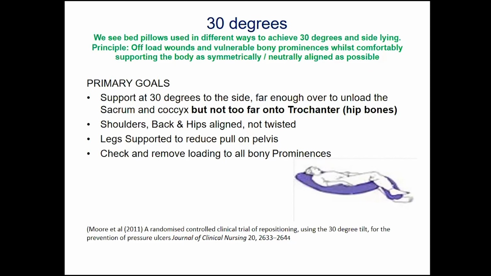You aim towards 30 degrees, but what we want to do is unload the sacrum and coccyx, for example, but not too far onto the trochanter that you then shift the problem elsewhere. It would be lovely to have a concept put together of what that actually means, rather than it just being an empty number and people stuffing pillows in to try and get to the so-called 30 degrees of side lying.